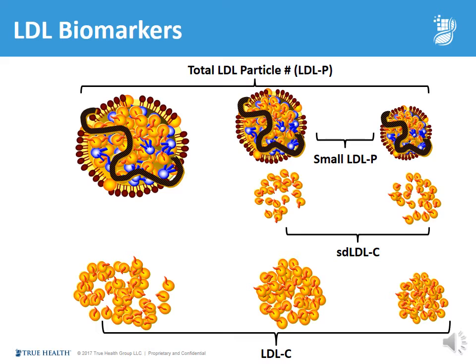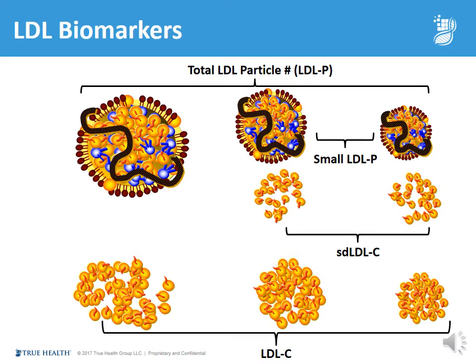That is a very different measurement than small LDL particle count. Small LDL-P gives you the number of small LDL particles per liter in nanomoles, whereas SD-LDL cholesterol gives you the cholesterol mass in all of the small LDL particles that exist in a deciliter.